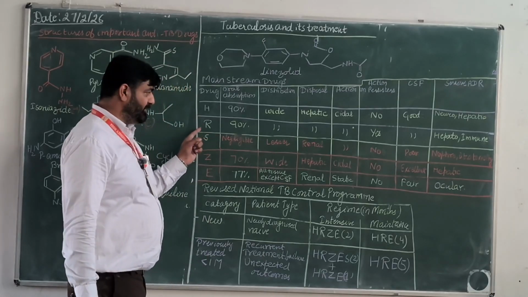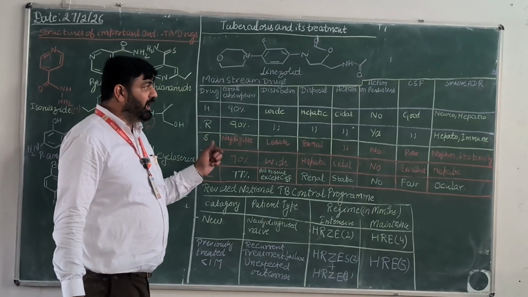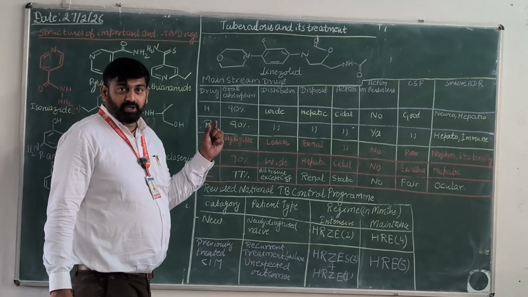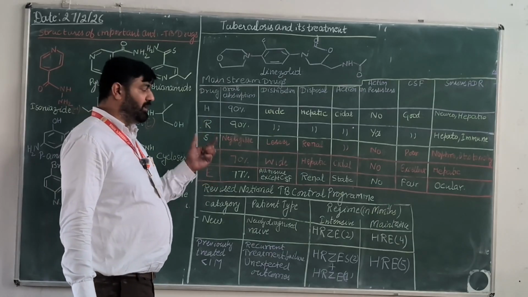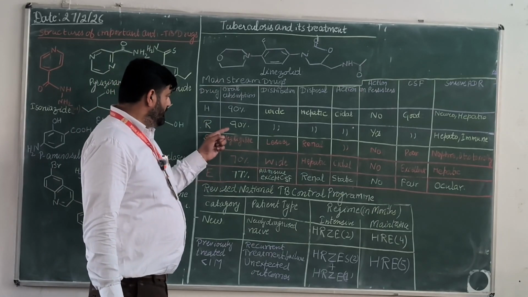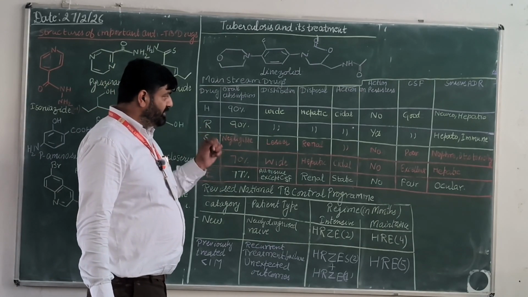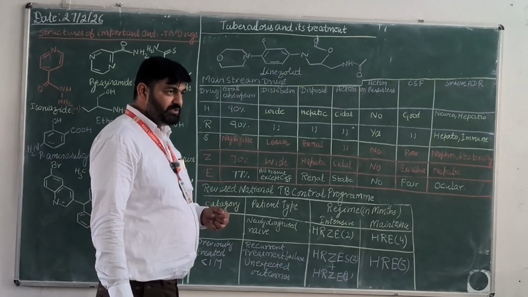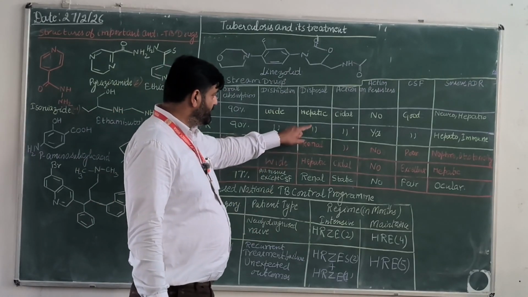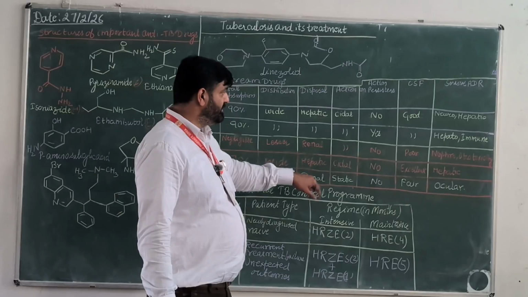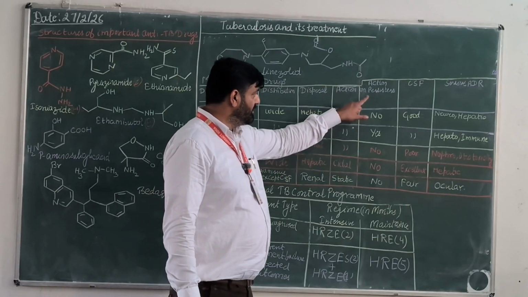Then we have rifampicin, one of the best known antibiotics for tuberculosis after streptomycin. It has 90% oral absorption and very wide distribution. Disposal is again by hepatic metabolism. It has tuberocidal action.